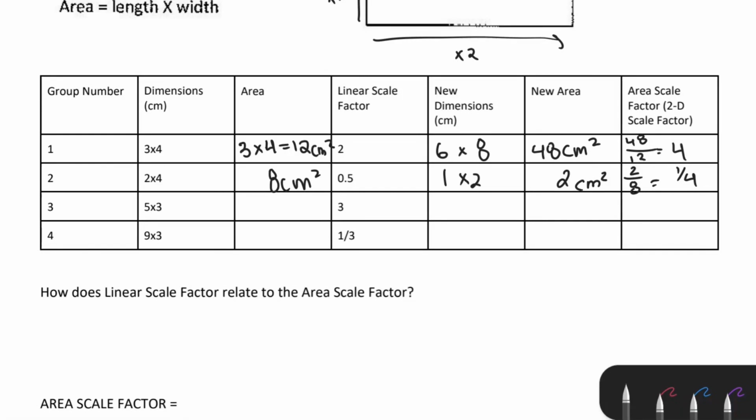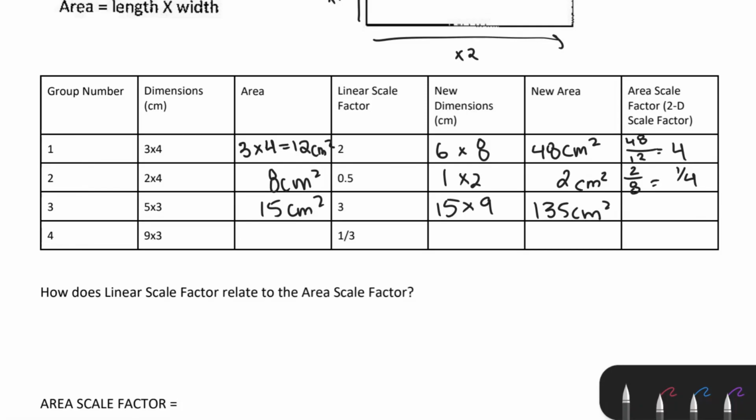We'll look at a couple more really quick. If my dimensions are 5 by 3, I have a 15 centimeters squared area. If I triple each length, I'm looking at something that's 15 by 9. When I go ahead and do 15 times 9, I'm going to get 135 centimeters squared.